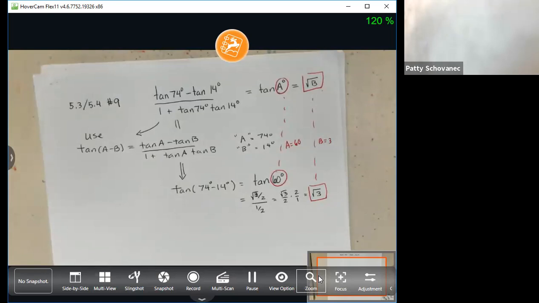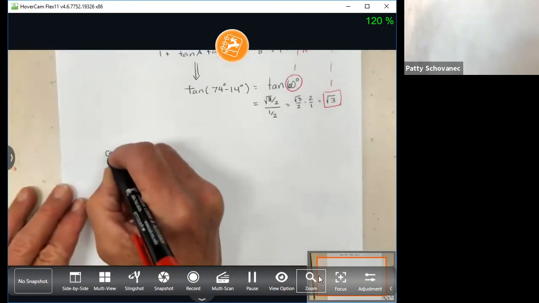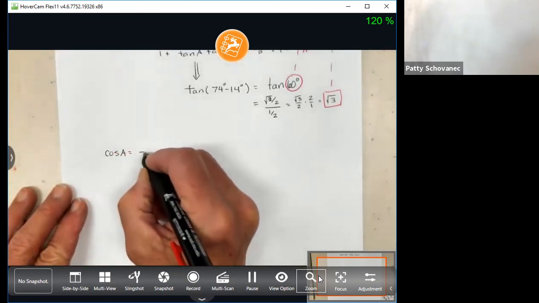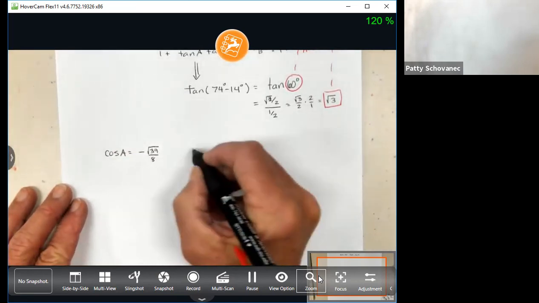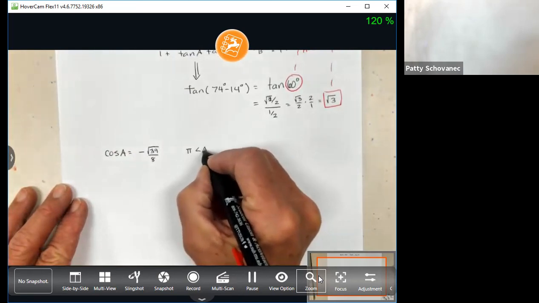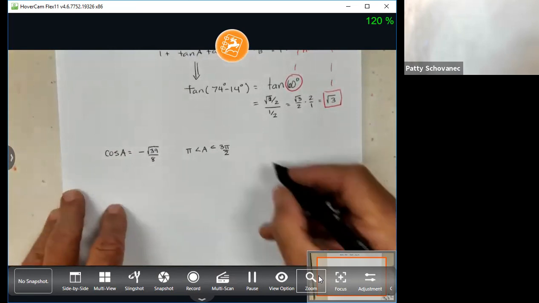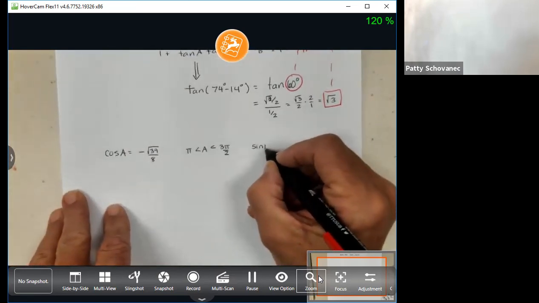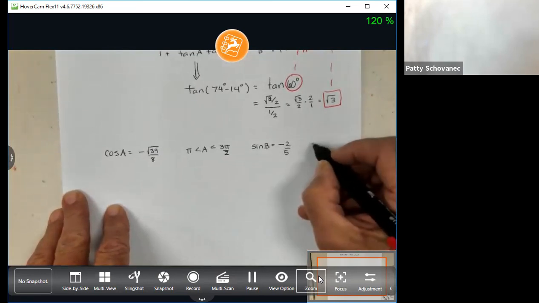Yes. Number 6 on 5.3, 5.4, it says, given cosine A equals negative root 39 over 8, and pi is less than A, which is less than 3 pi over 2, and sine of B equals negative 2 over 5, and B is in quadrant 4.